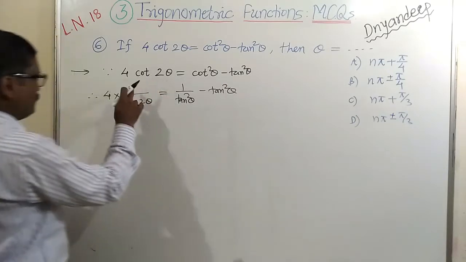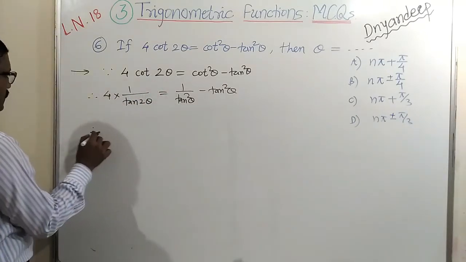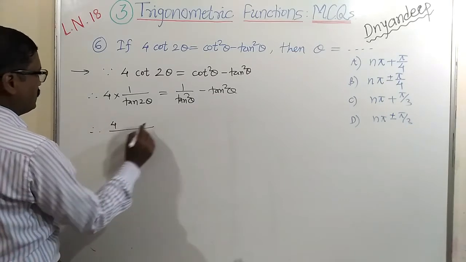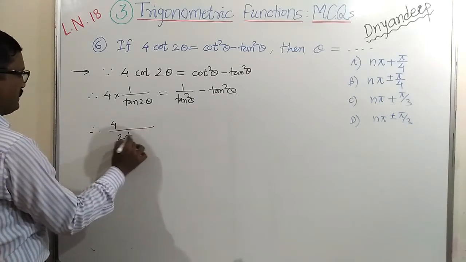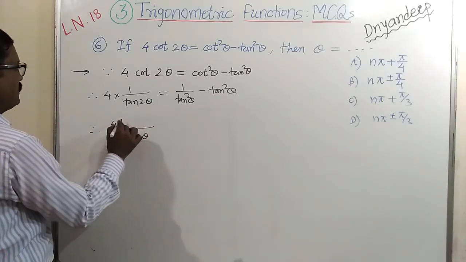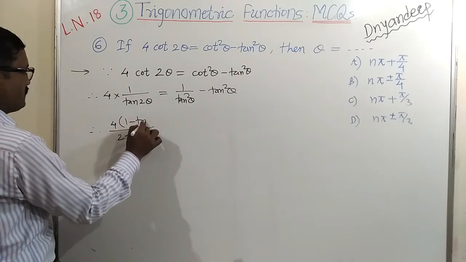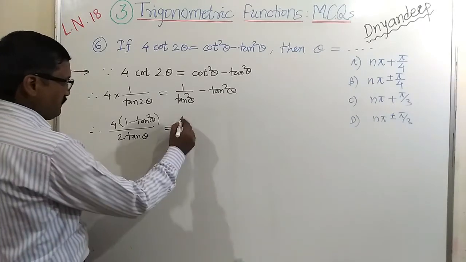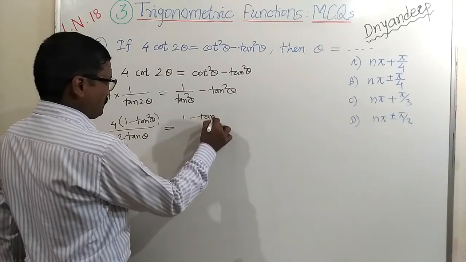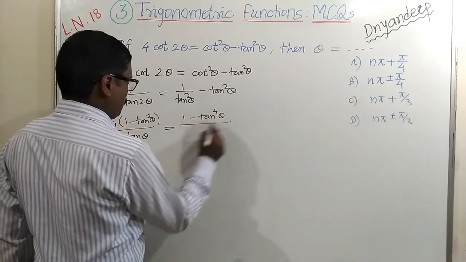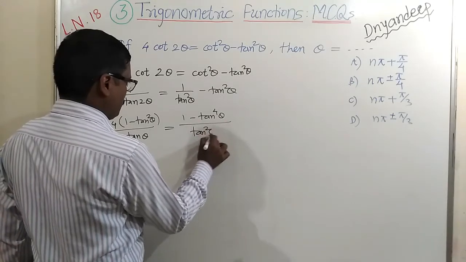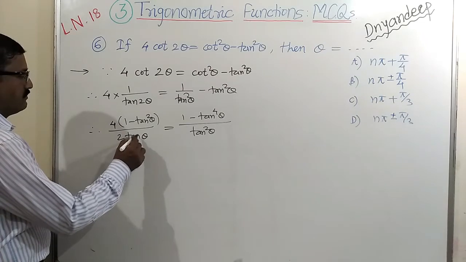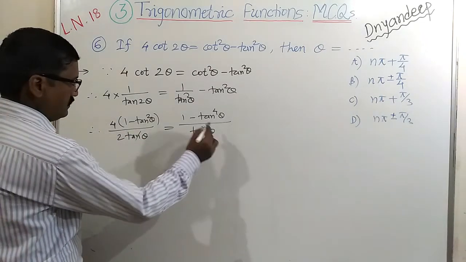We can use the tan 2 theta formula, so that we get 4 into, tan 2 theta is 2 tan theta upon 1 minus tan square theta, that is equal to 1 minus tan raised to 4 theta upon tan square theta. One tan theta gets cancelled here.